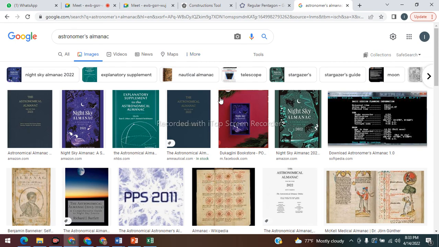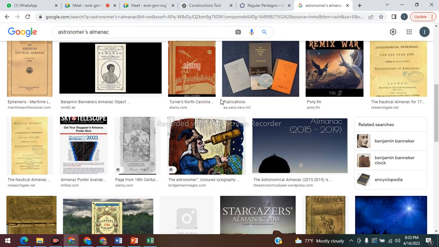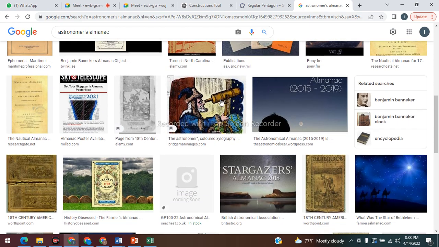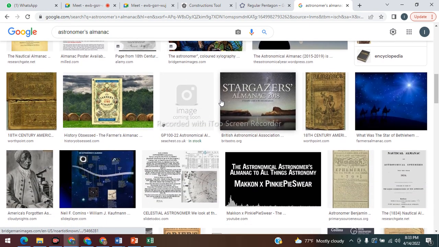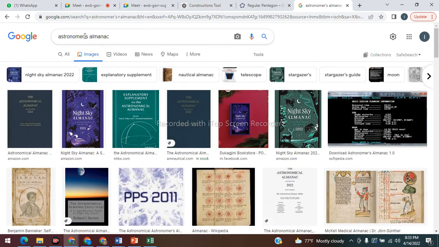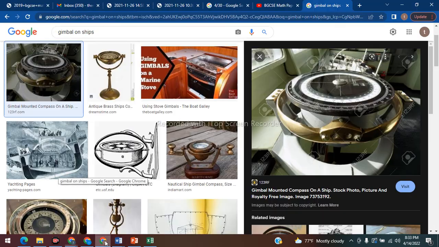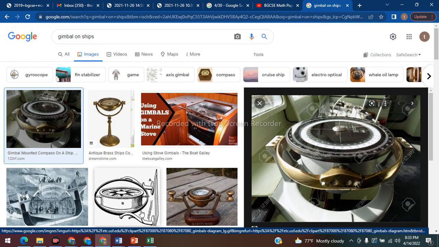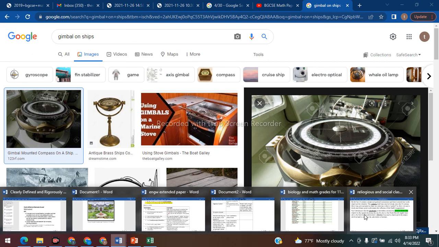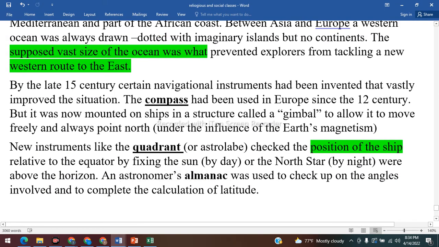So it's a book they use along with the quadrant to help them calculate where exactly the ship is. And this is by hand, so it's not digital like what we have now. So we're gonna end it here. The next time we come, we're gonna finish talking about the other inventions like the hourglass, the log, the lead, and the ship itself. All right.